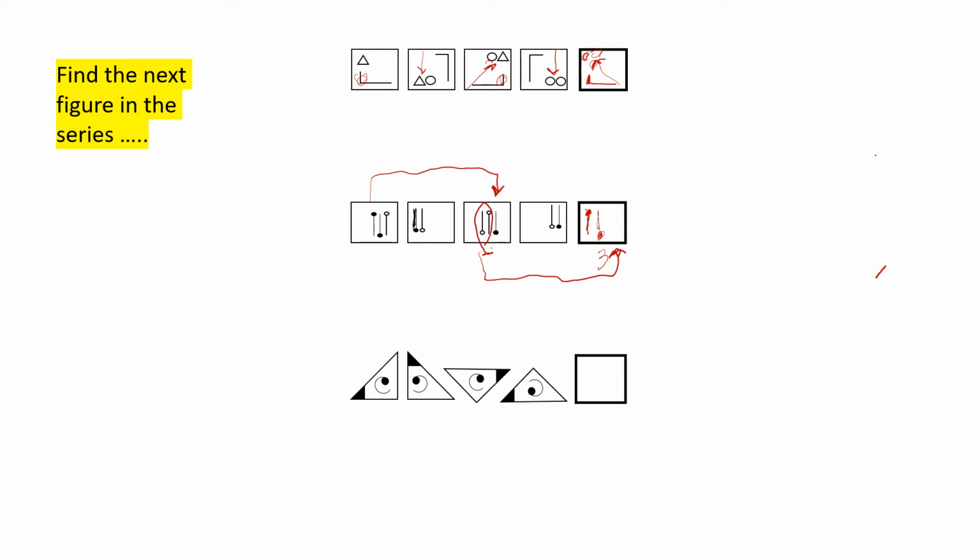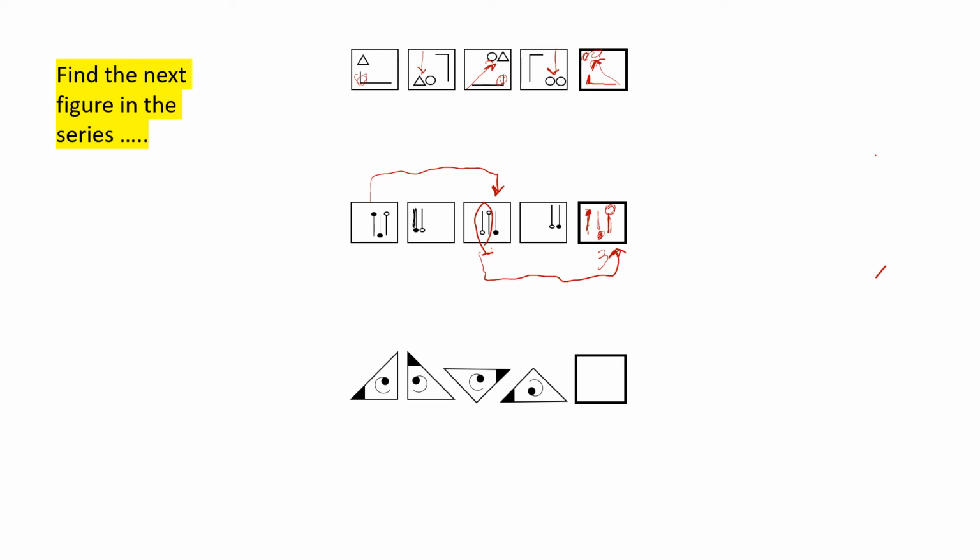So for the third box, we have the tip at the bottom. For the third, we will have the open circular tip on top. Okay, so this is how the missing figures on the fifth box will look like.